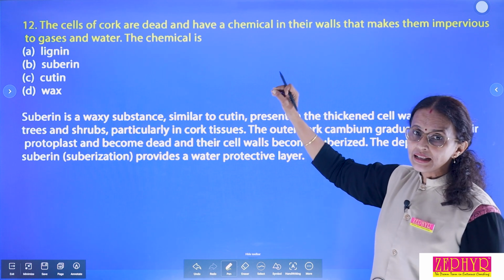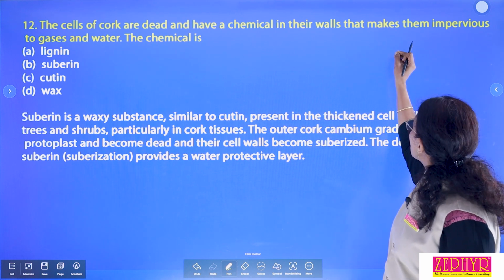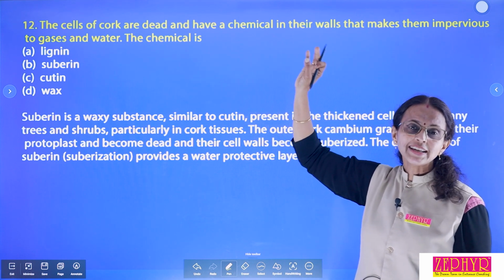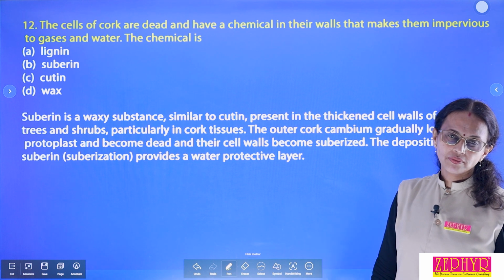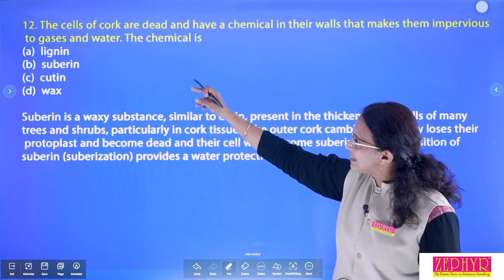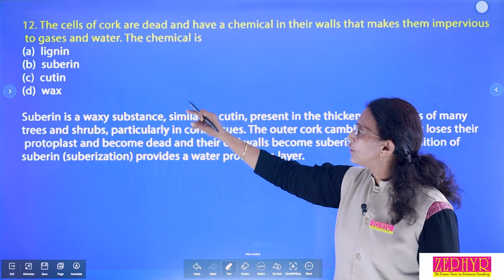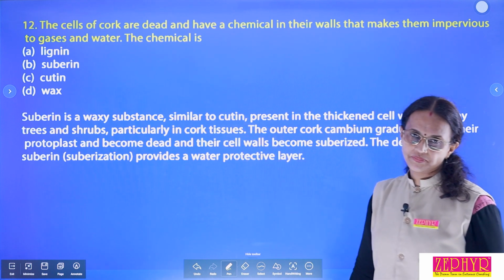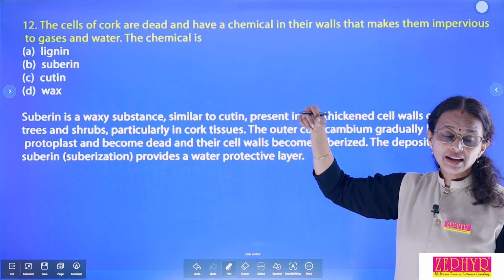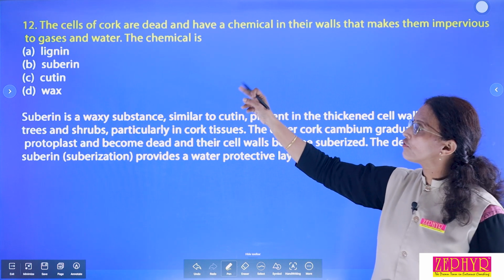Which chemical helps in impermeability to gases and water that is present in the cork? Which is the correct answer? There are certain chemical substances: lignin, suberin, cutin and wax. What is the question? The cell of cork contains which kind of chemical?